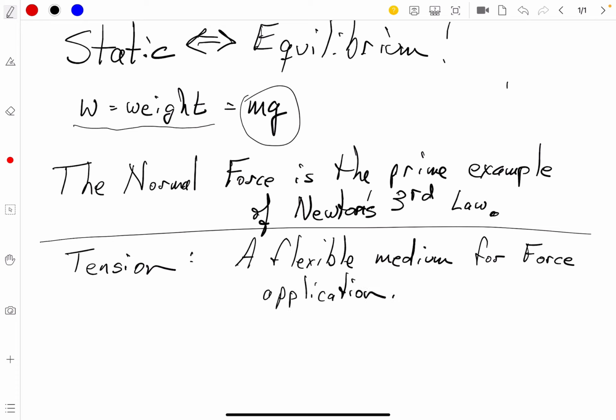Okay, however, there's a tricky part about this. The flexible part means here's my rope or whatever it is. It could be a rope, it could be a chain, whatever, all those things. Here I am putting a tension on it, and here's my object over here.